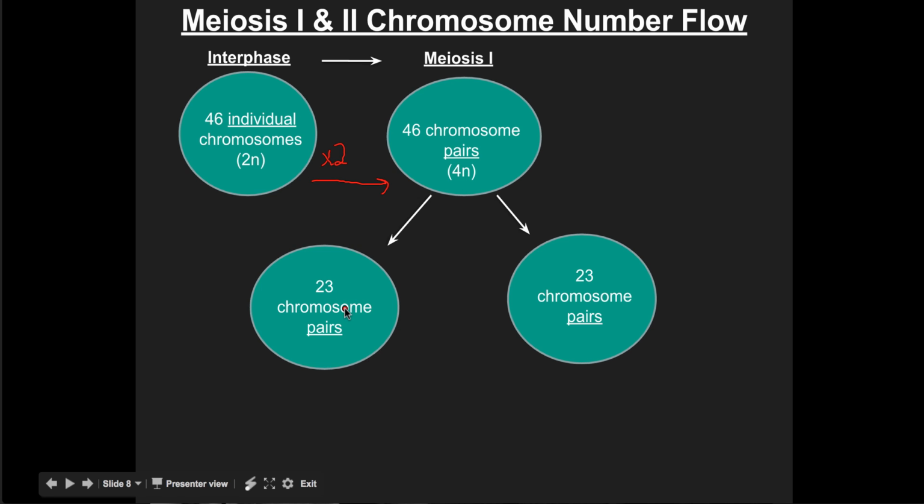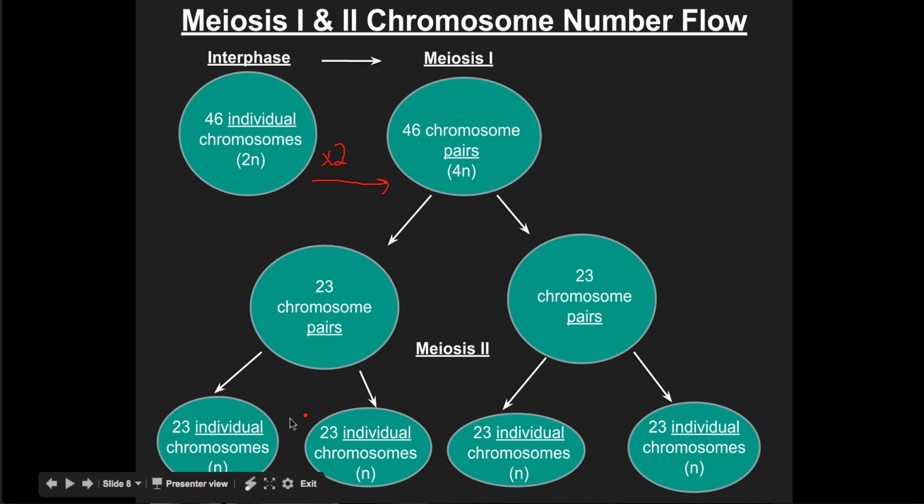So now we have 23 chromosome pairs in each cell here, and then we start meiosis 2, and then we see 23 individual chromosomes. So we split the pairs up again, and those go into each individual gamete, and all of these are sex cells down here. These N or haploid cells are haploid sperm or egg cells.